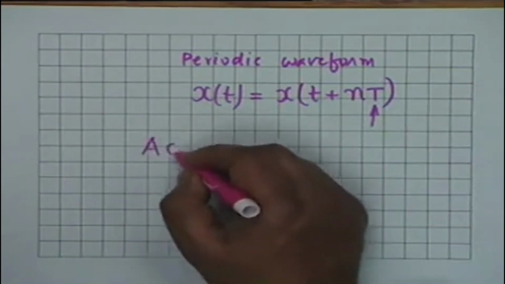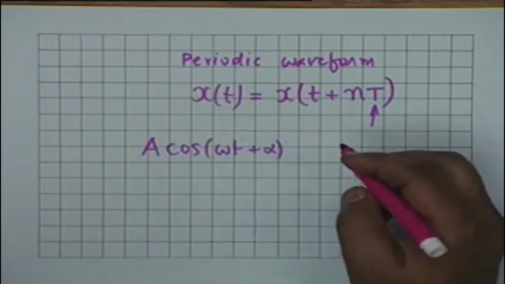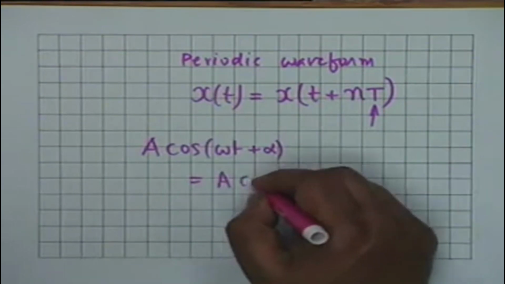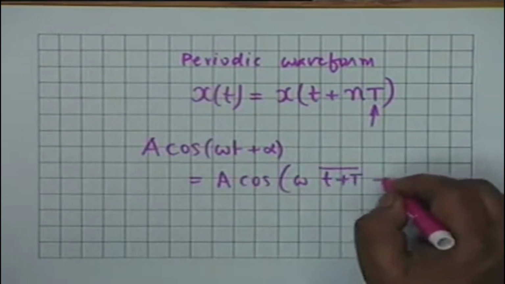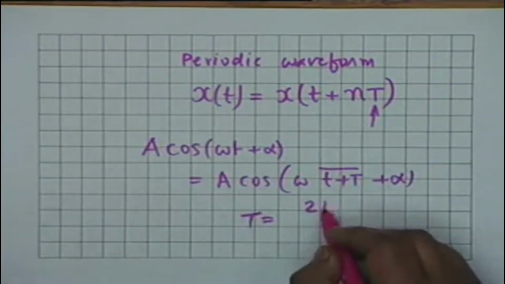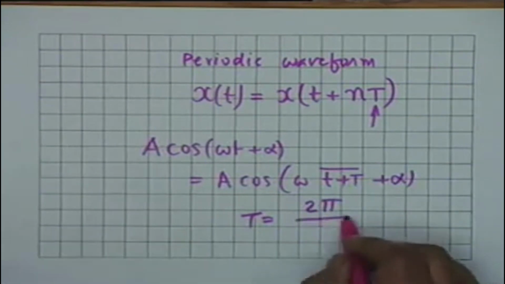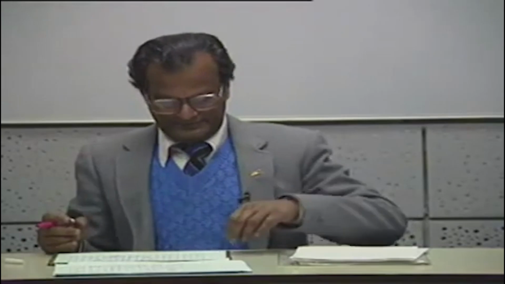For example, a cosine omega t plus alpha is periodic because it is equal to a cosine omega t plus capital T plus alpha, where capital T is equal to 2 pi divided by omega. It is therefore a periodic waveform.